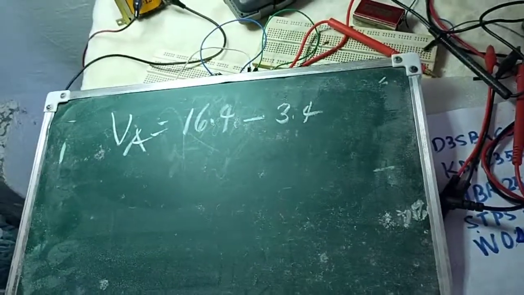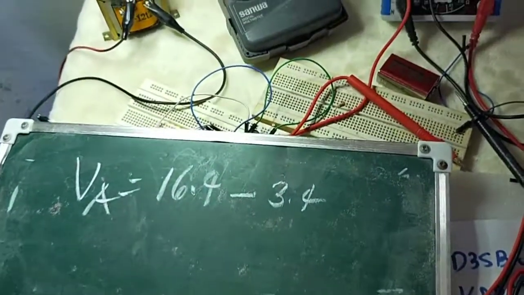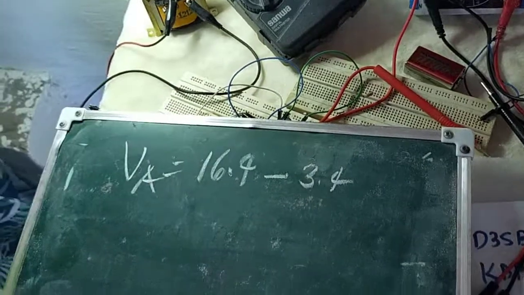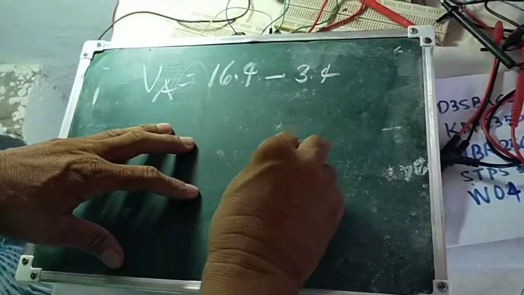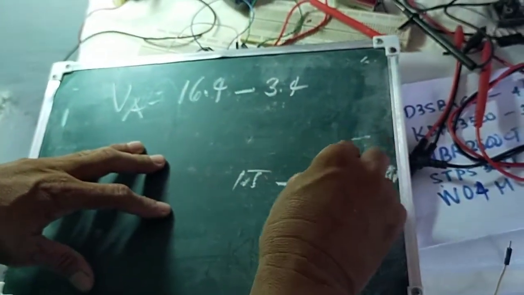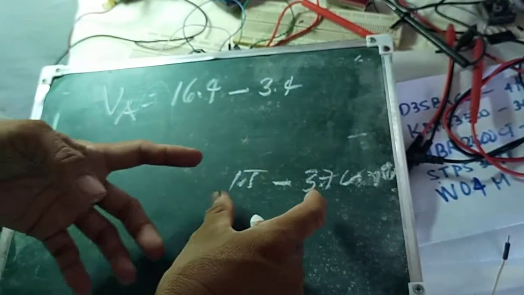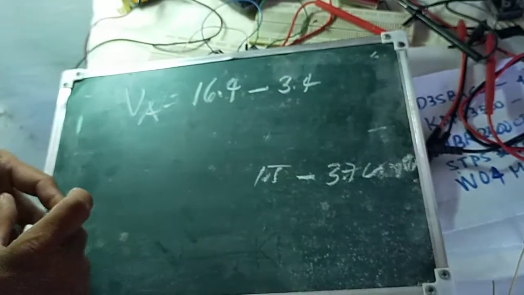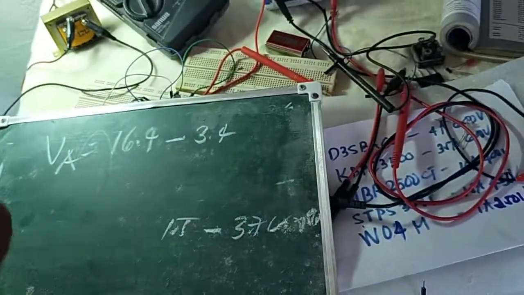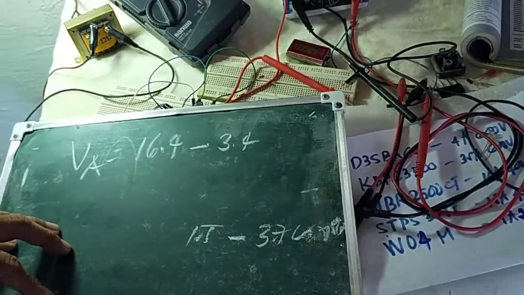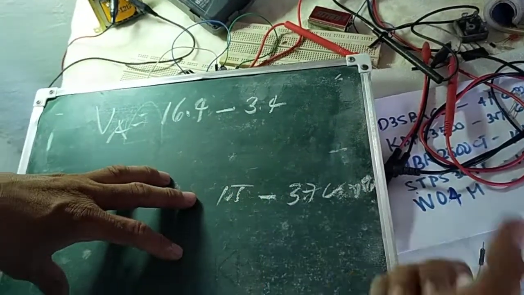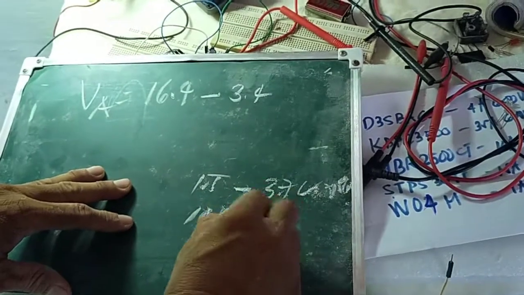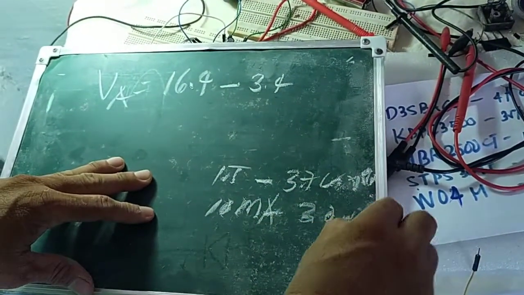The typical voltage that can be applied to a light emitting diode in the forward direction ranges from 1.5 volts to 3.7 volts, and the amount of current should be 10 milliamperes to 30 milliamperes.